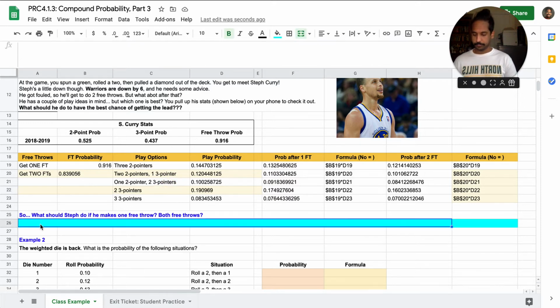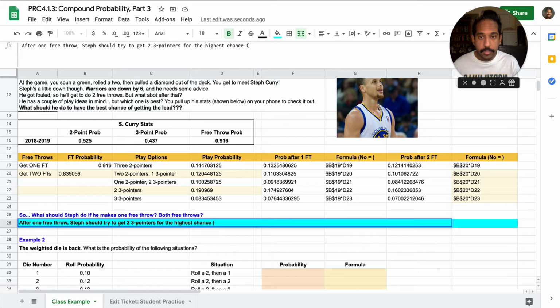So we should say, after one free throw, Steph should try to get 2 3-pointers for the highest chance. And we're going to write in parentheses, that's 17.49%.